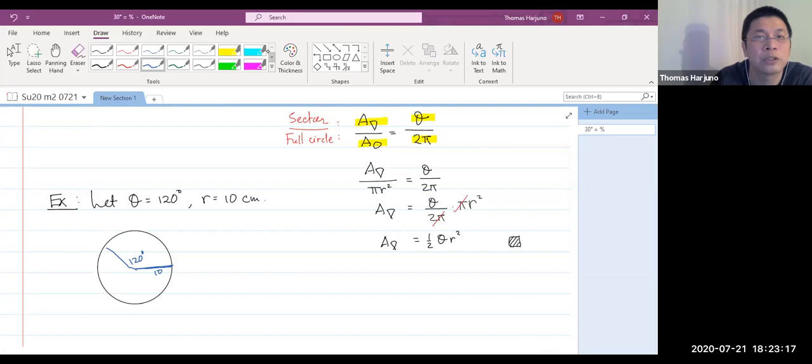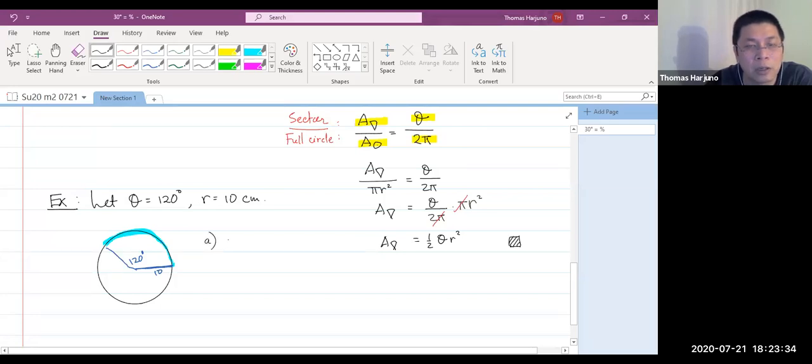The first question is, what is the length of the arc? So part A, what is the arc length? And part B, what is the area of the sector? Actually, the third one I can ask, what is the perimeter of the sector?